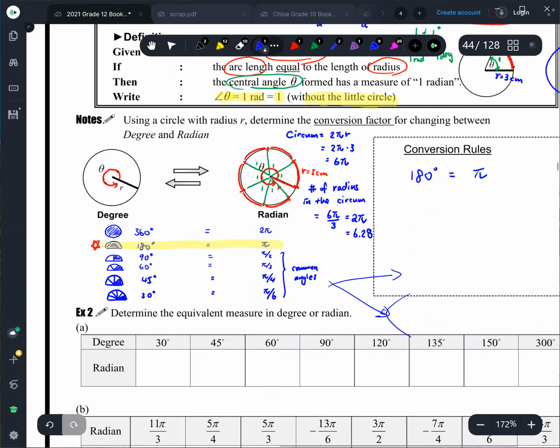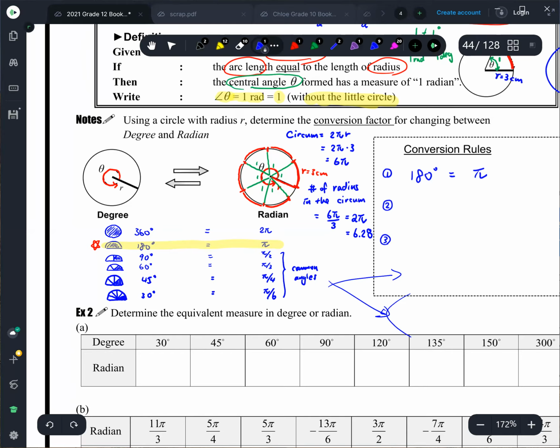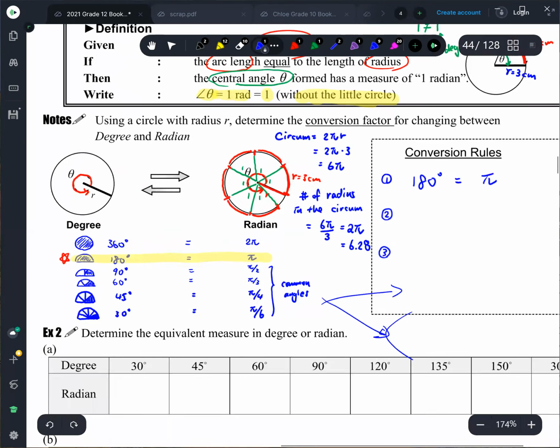Okay, so please raise your hand after you copy everything here. We have other rules, okay, which we'll go over next time. But first, we'll do this one, okay? Please raise your hand if you got everything on the screen.